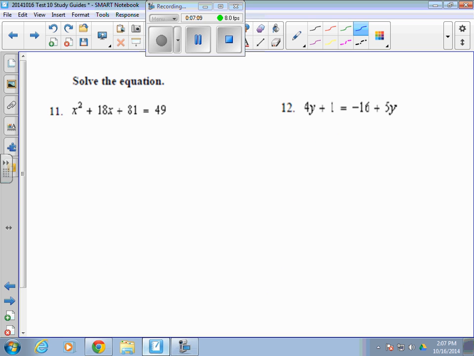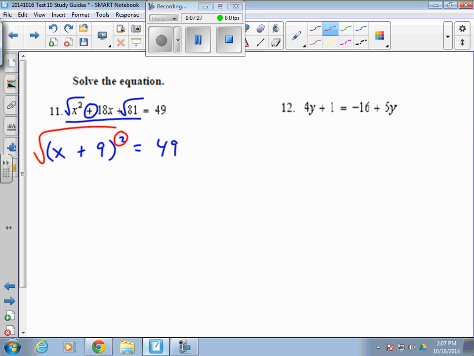Solving this equation, what you're going to do is, this is a perfect trinomial again. So take the square root of that and get x, the square root of that and get 9. This tells you plus between them, x plus 9 squared equals 49. Undo the fact that this says squared by taking the square root. If you do it to the left, do it to the right.